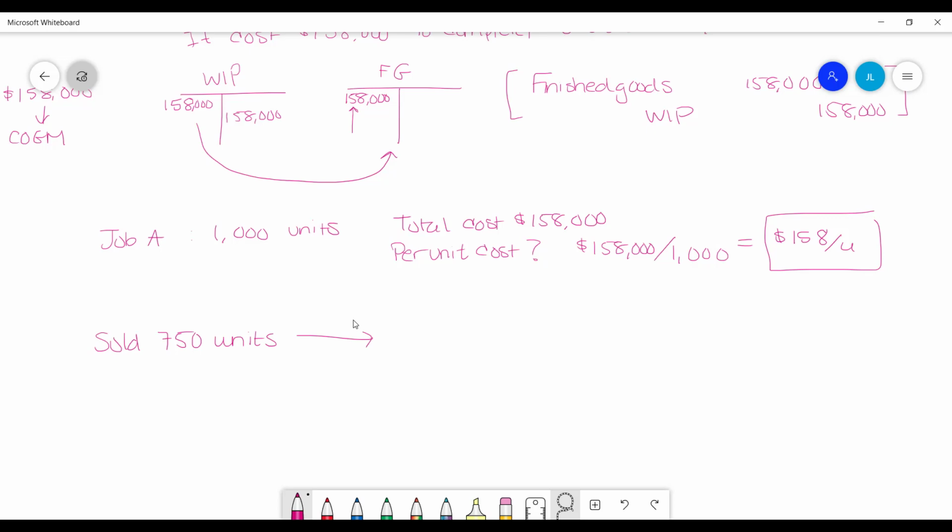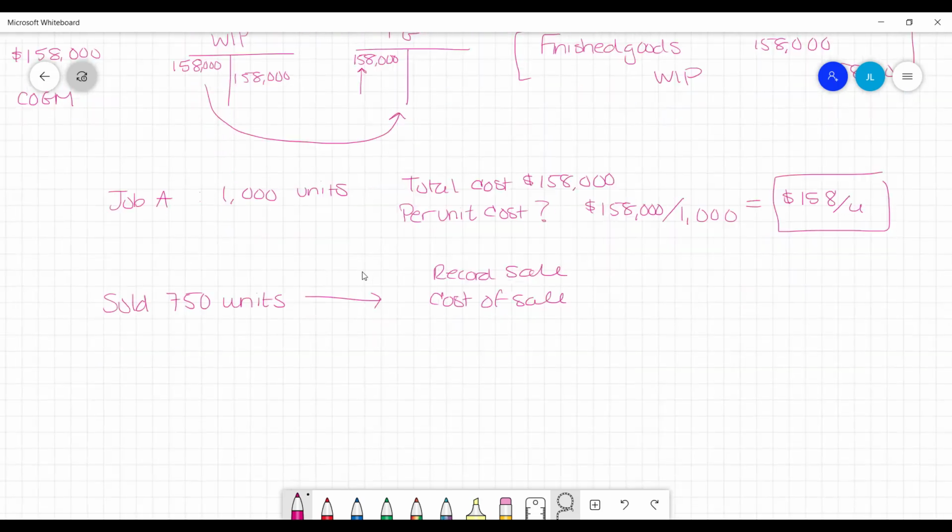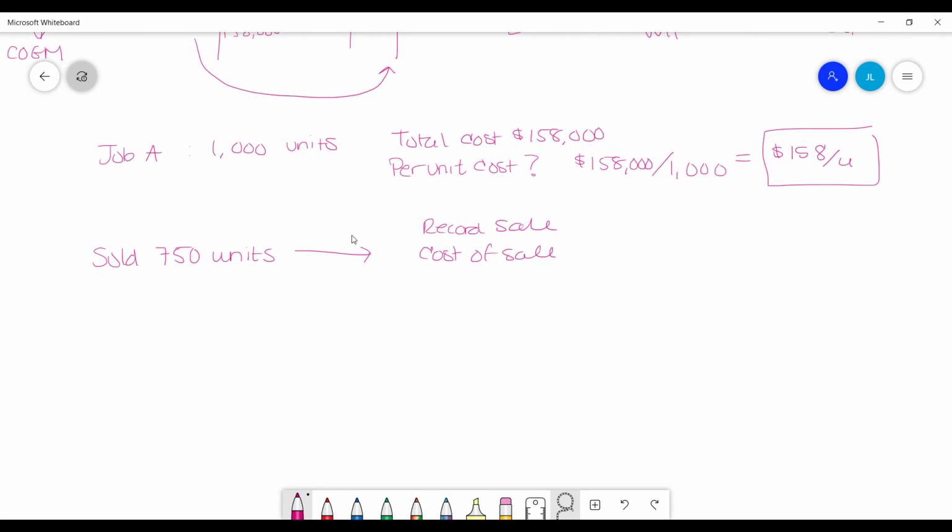How would we go about journalizing that? Well, remember when you sell inventory, recalling from financial accounting, you record the sale, that's one entry. But you also have to record the cost of the sale. That's a two entry thing that needs to happen when a sale occurs. So to record the sale, you need to know what it was sold for. So let's assume that those 750 units were sold for $225,000.